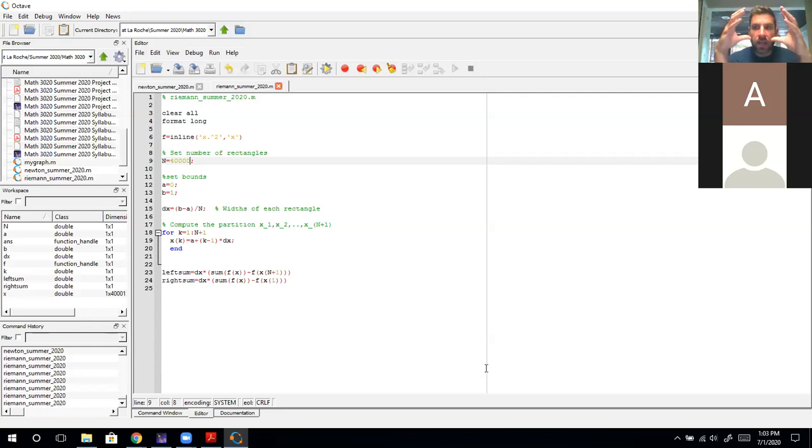I'm taking the sum, that's adding all the F's together. But I don't want them all because I need to ignore the right endpoint. So I subtract it off. And then once I get that number, I'm multiplying it by dx. And then the same thing with the right sum. I add every F up, but I subtract off the very first one because I don't want it. That's where that's coming from.